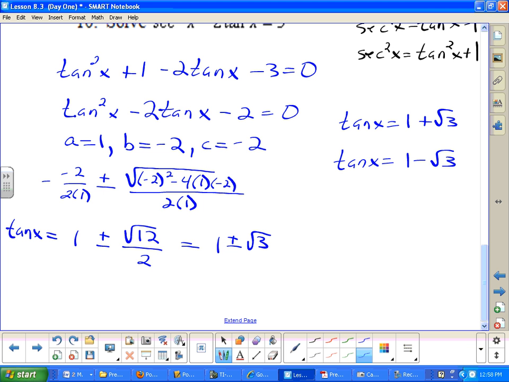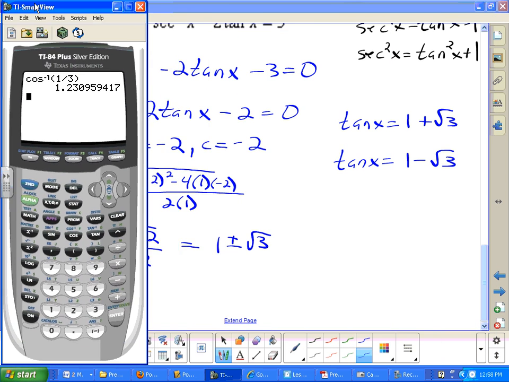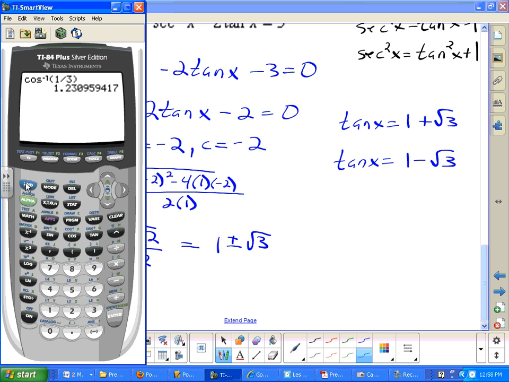Well, the nice thing about that is that inverse tangent of 1 plus the square root of 3 is a positive 1.22, and inverse tangent of 1 minus the square root of 3, what do you think that's going to be?